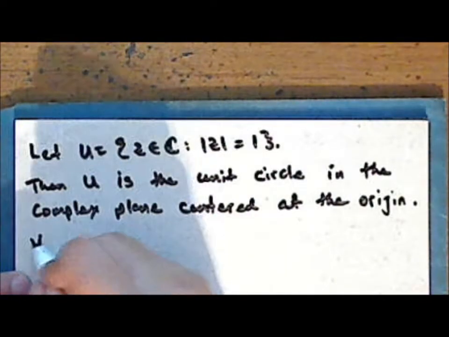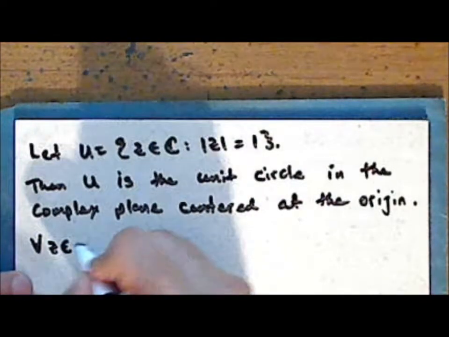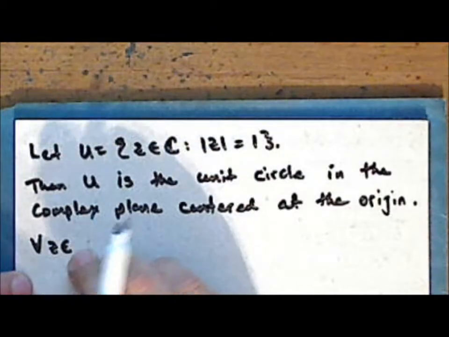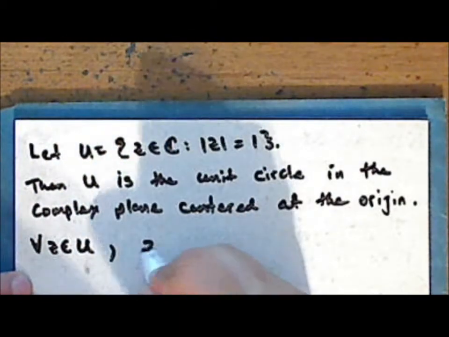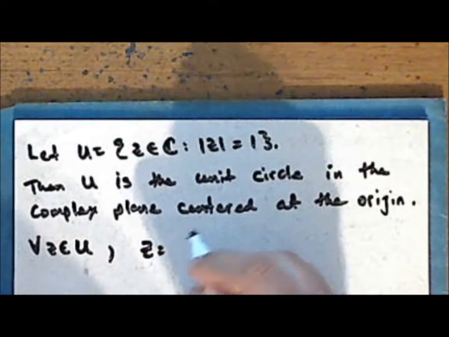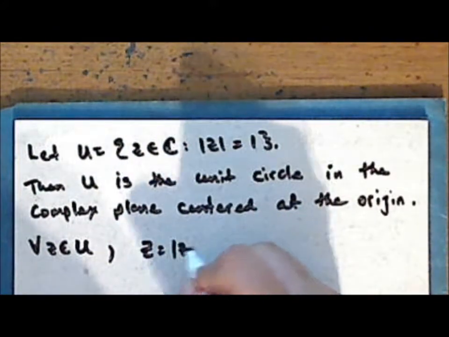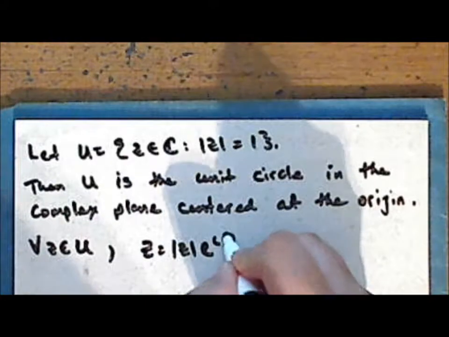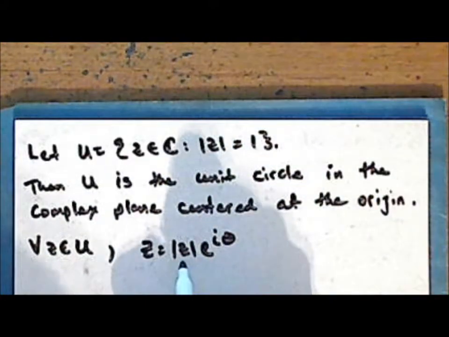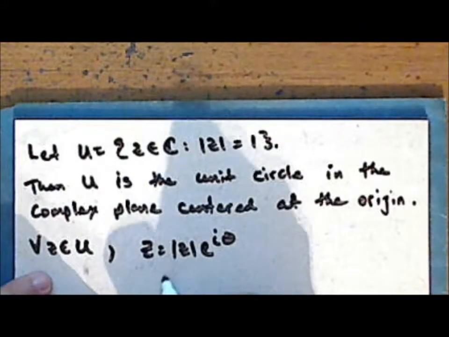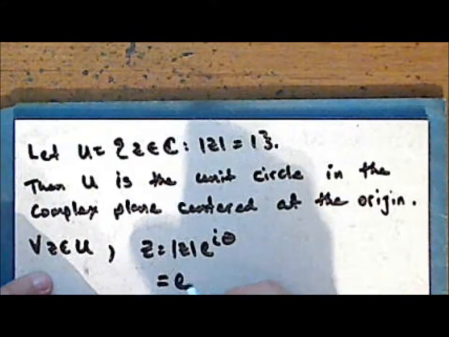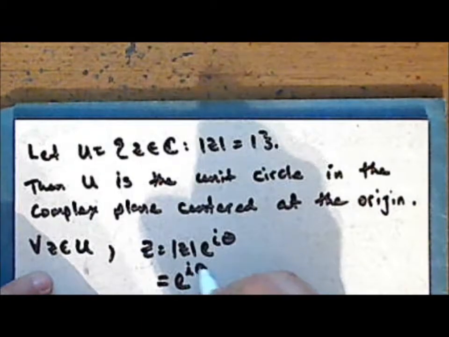Now for every complex number on the unit circle, we can write that complex number in exponential form. Because the modulus is always 1 for the complex numbers on the unit circle, we can simplify this as e to I times theta.